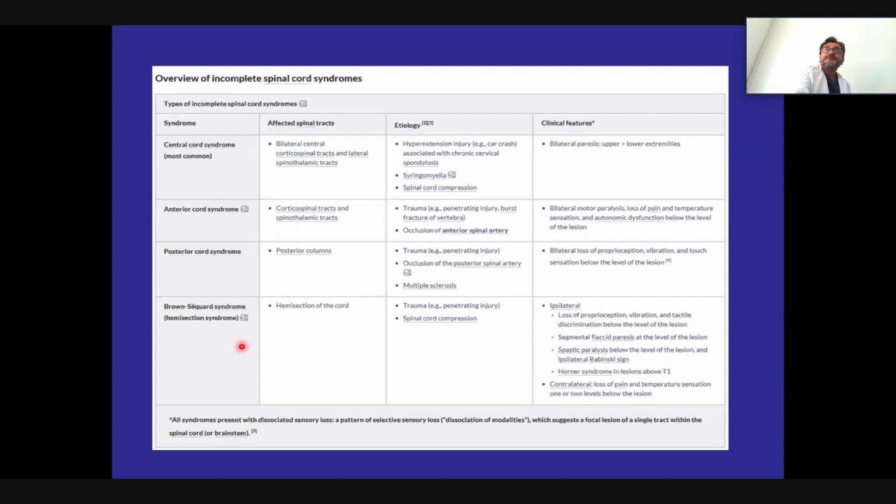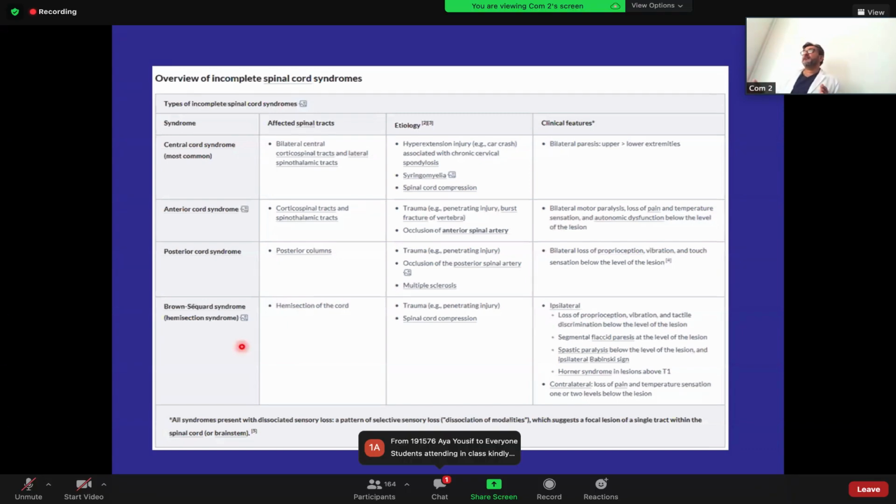Doctor, do you know what symptoms are associated with damage to the spinocerebellar tract? Spinocerebellar tract will result in unconscious proprioception. So you have ataxia associated, but we are talking about sensory ataxia where conscious proprioception is affected. Conscious proprioception is the function of the dorsal column.